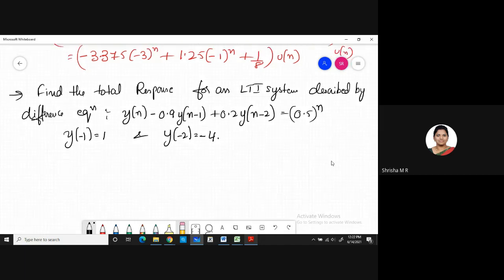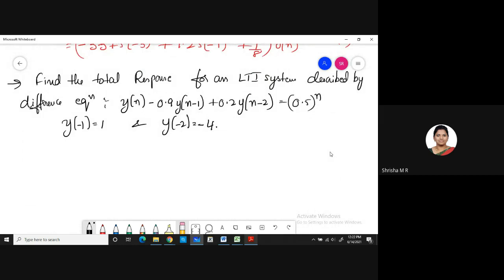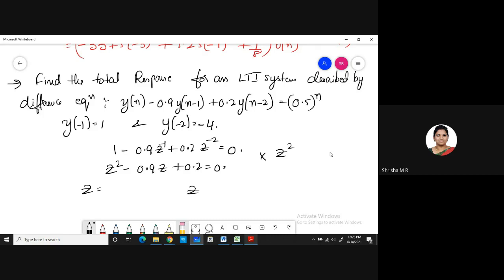So first step is find the characteristic equation. So it is 1 minus 0.9 z inverse plus 0.2 z power minus 2 is equal to 0. Okay, now multiply this equation by z square. You have z square minus 0.9 z plus 0.2 is equal to 0. Now tell me the roots of the characteristic equation.